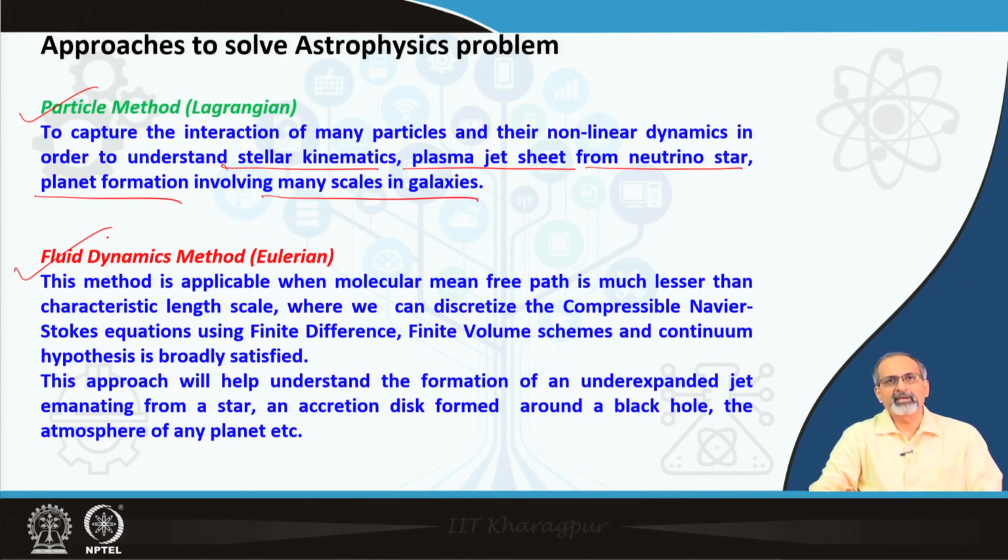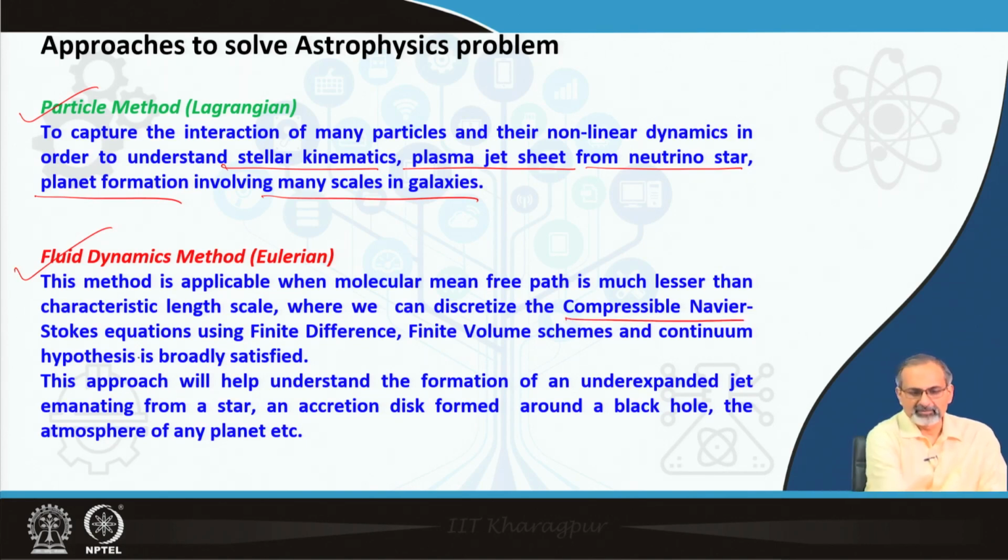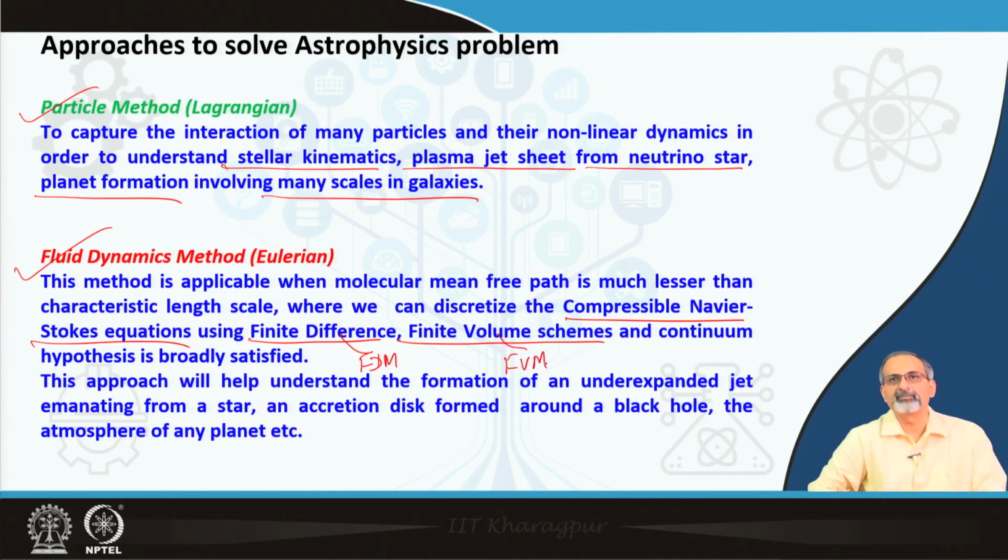while the regular fluid dynamic methods based on Eulerian techniques could be applicable where molecular mean free path is much lesser than the characteristic length scale of the problem, where we can discretize the compressible Navier-Stokes equations using finite difference or finite volume schemes, earlier abbreviated as FDM and FVM respectively in the previous slide, and continuum hypothesis is broadly satisfied in these kind of flows.